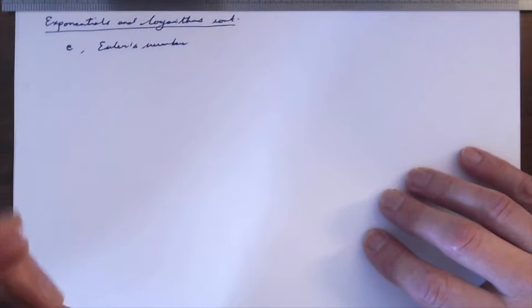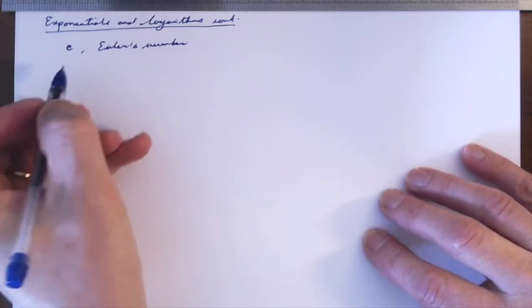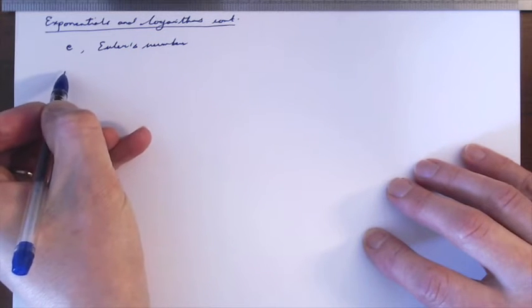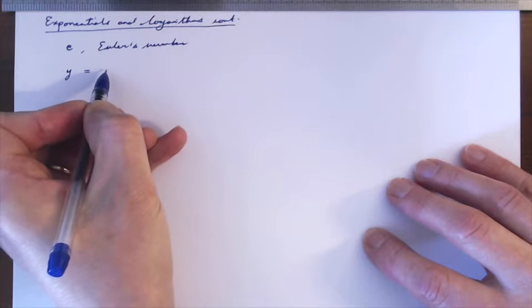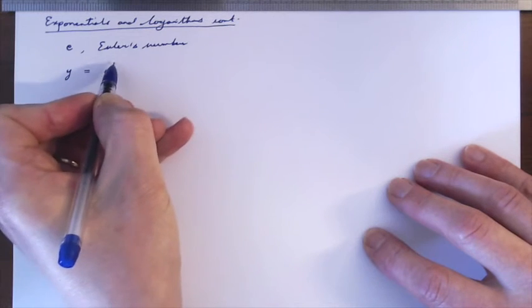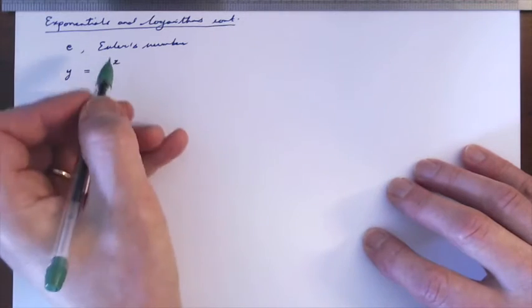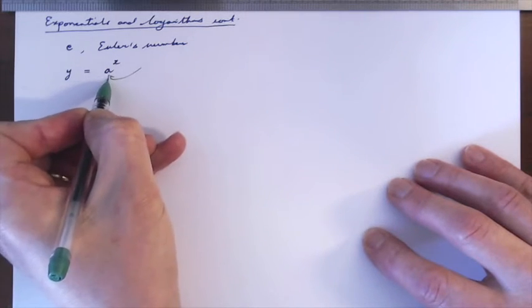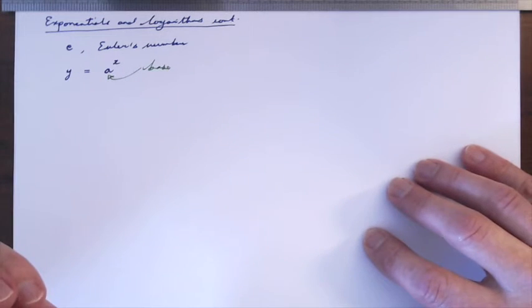Well, remember we, in the last couple of tutorials, have talked about the exponential function, and I've always written it as y equals a number raised to the power of x, and we have spoken of this number a as the base of the exponential.